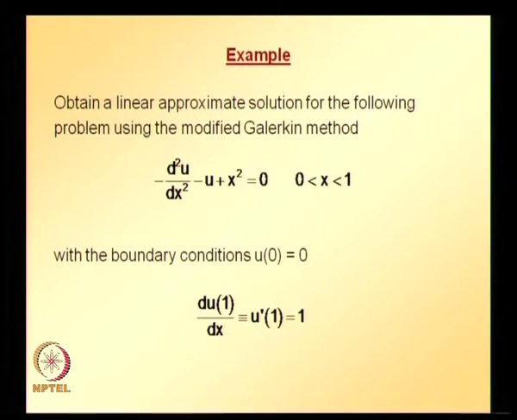You can easily check using the thumb rule that I already gave you earlier, that the first boundary condition turns out to be the essential boundary condition and the second boundary condition turns out to be a natural boundary condition. Once again I will repeat, this is a second order differential equation.